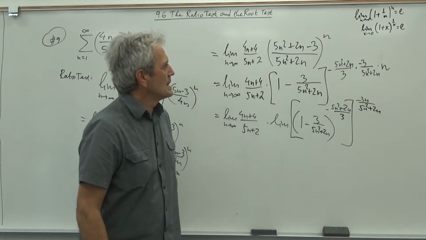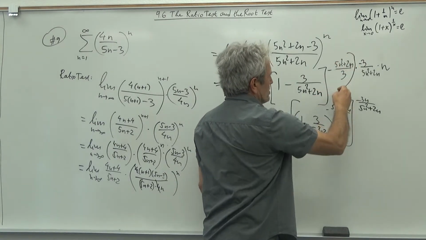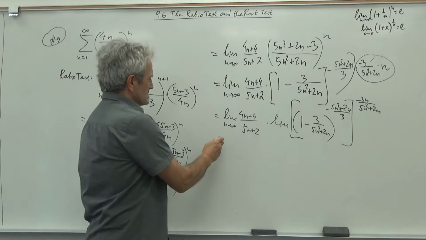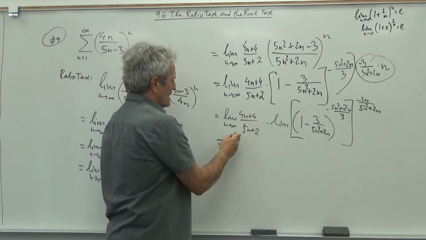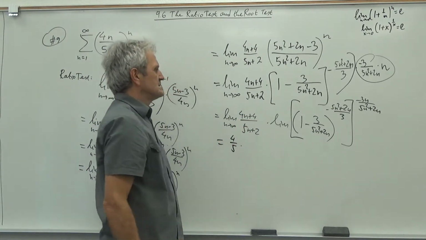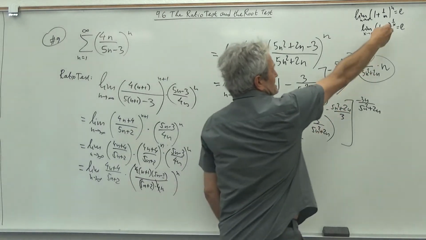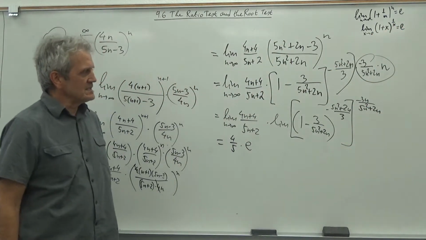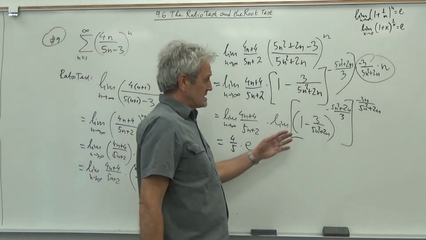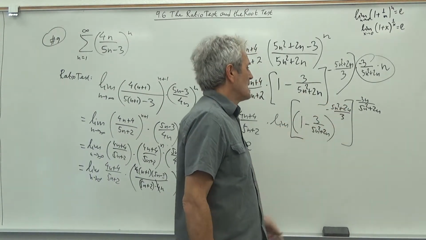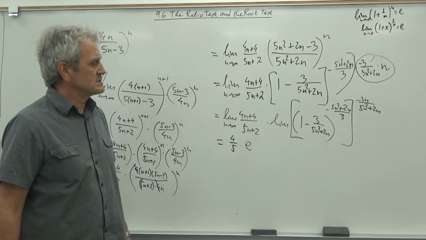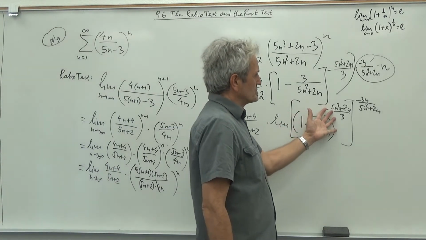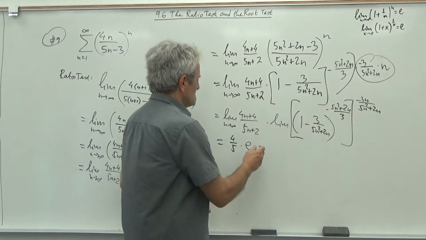This is really important. So this guy went into the power. This is my leftover here, I guess. So here with the easy division by n, I get 4/5. That's easy. This limit, according to the well-known fact, is just e. And then since the exponential function is continuous, this will approach e to the limit.